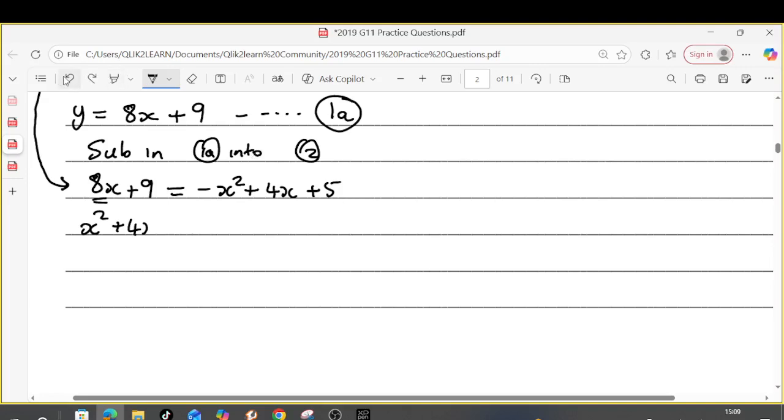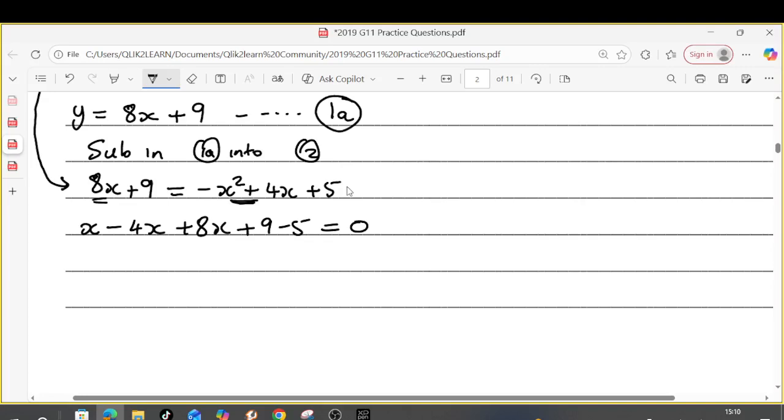This becomes negative 4x. Then we say minus 4x plus 8x. We still have plus 9 and minus 5 is equal to 0.